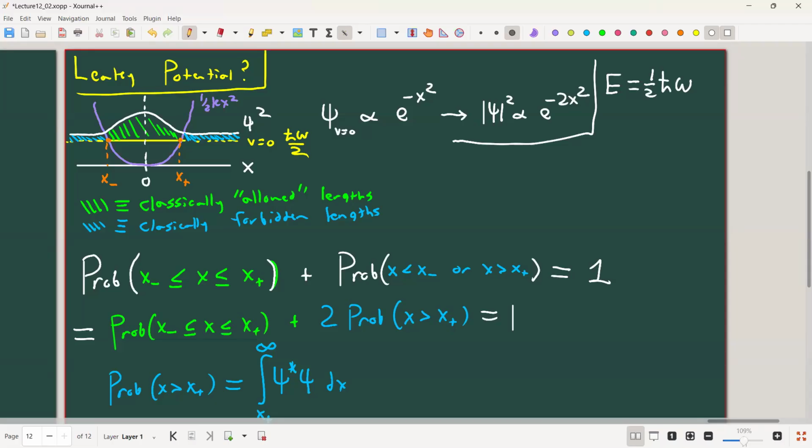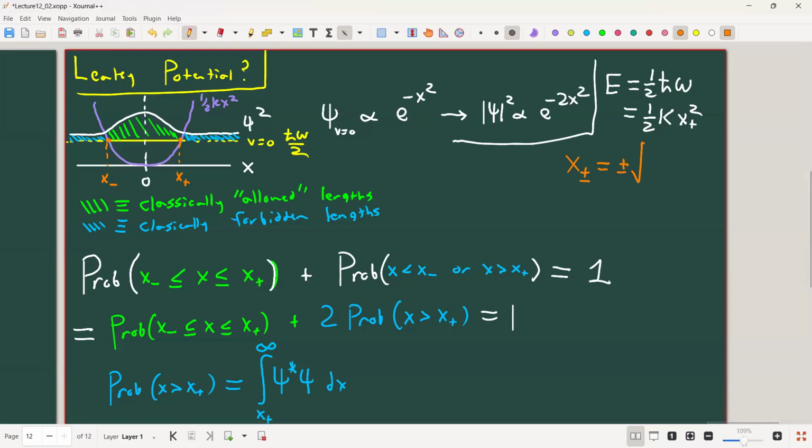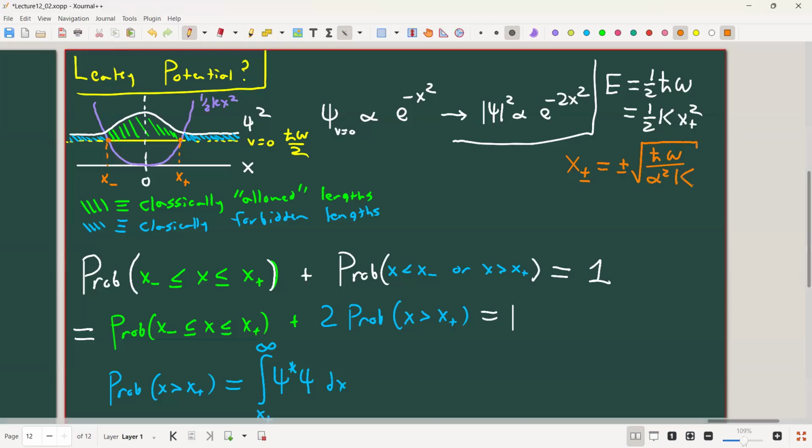So this is going to be equal to the potential at that point, which is 1/2 k x plus squared. So that means I can just do some calculations that x plus or minus is equal to plus or minus the square root of h bar omega over alpha squared k, where alpha squared I'll write down in a second.